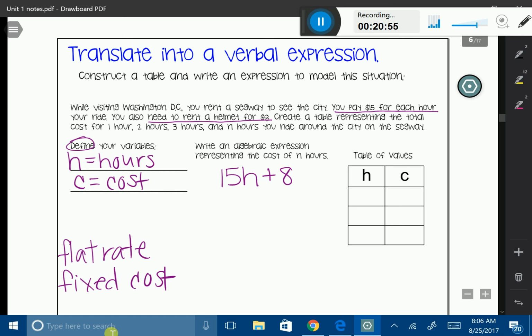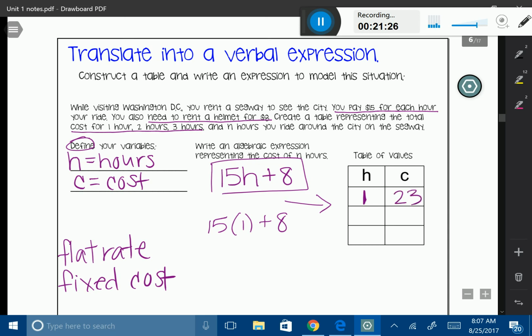So let's go ahead and take our expression that we created, and let's fill out our table of values. Here, we want to figure out the cost of 1 hour, 2 hours, and 3 hours. So I want to substitute the 1, the 2, and the 3 in for my h. So 15 times 1 plus 8. Well, that's going to give me 23. So over in the table of values, when I rode the Segway for 1 hour, my cost was $23.